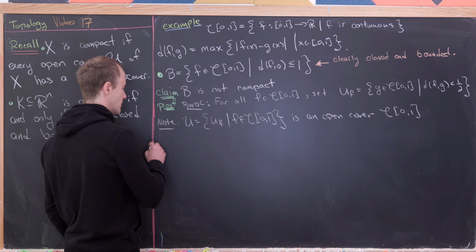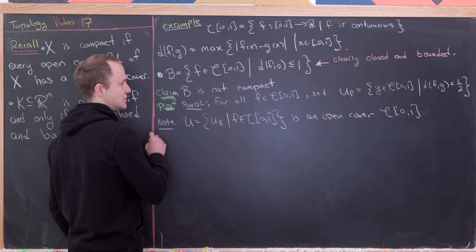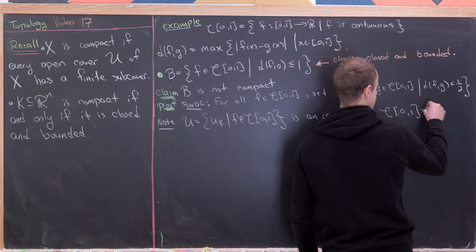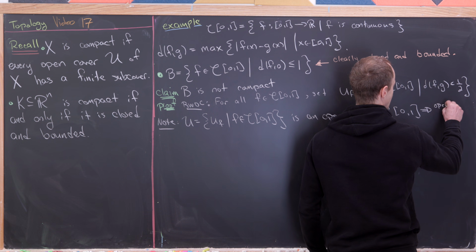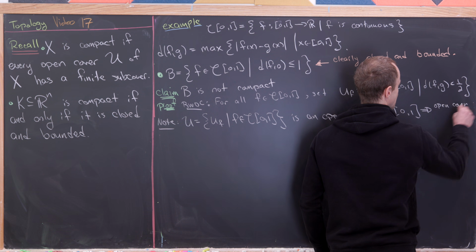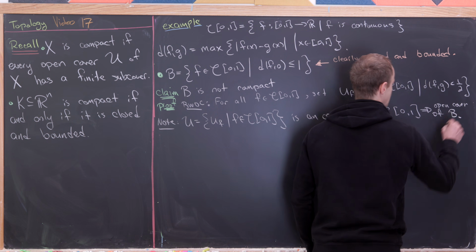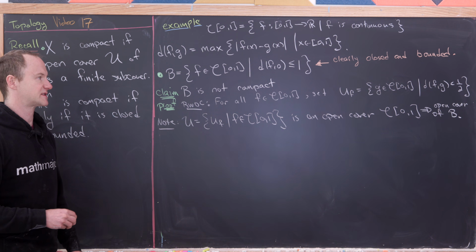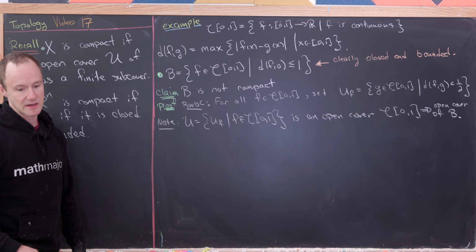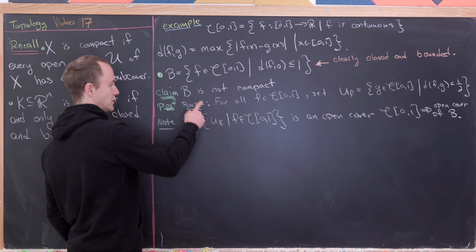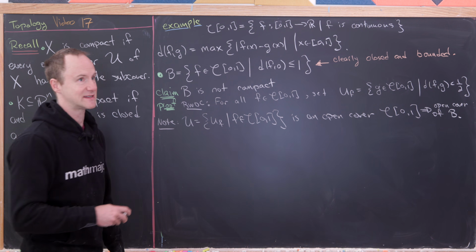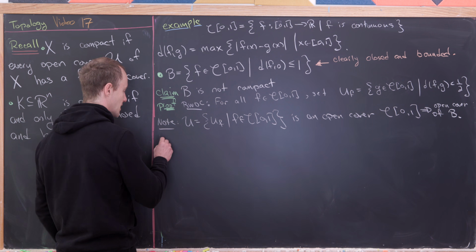Okay, so now let's note that since it's an open cover for the entire function space, that means it's also an open cover of B. Well, if it covers the whole thing, it's going to most definitely cover this subset B. And now we're going to apply our by way of contradiction argument to get a finite subcover.